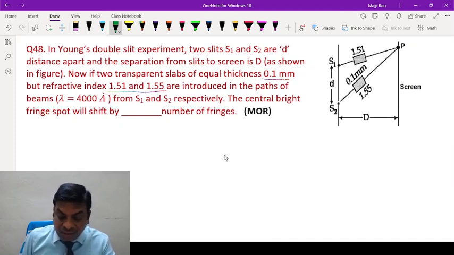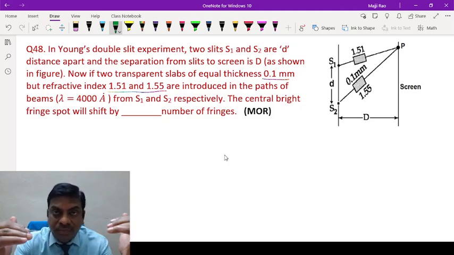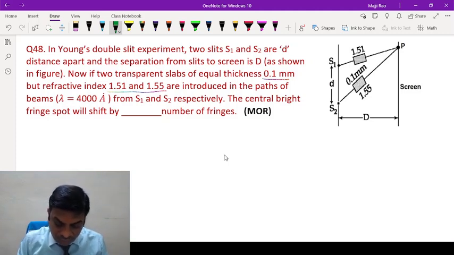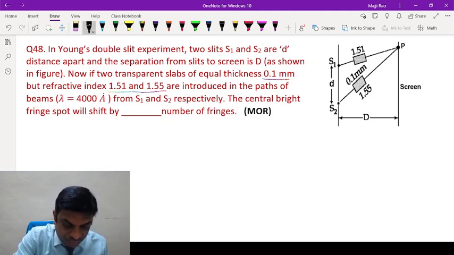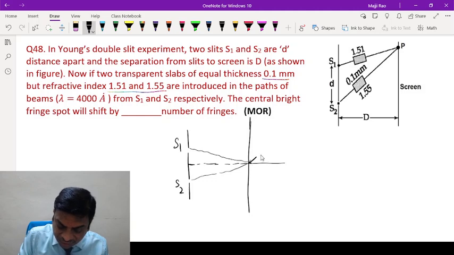Now, students, we have to understand, if you understand the basic concept of Young's double slit experiment, then you will realize that at the central bright fringe, I'll just elaborate the details here. So this is the screen, let us say, these are the slits here. This is the central line. Now at the central line, the path difference between the interfering waves is 0.